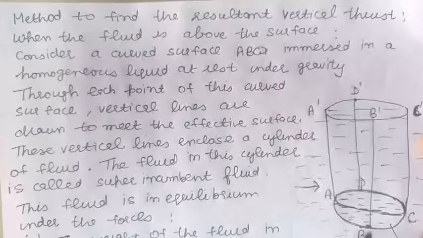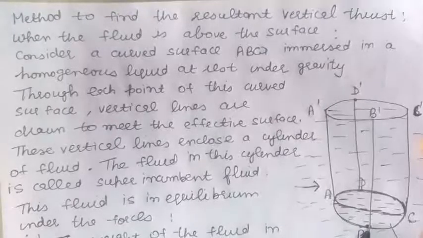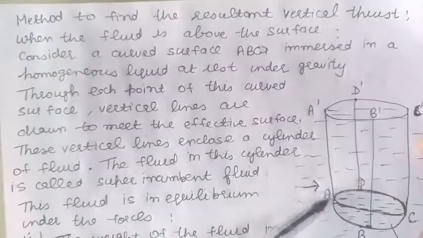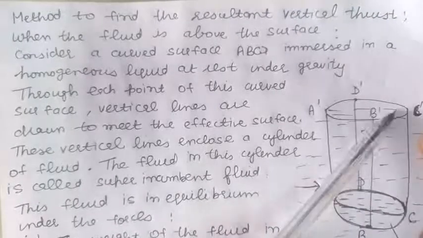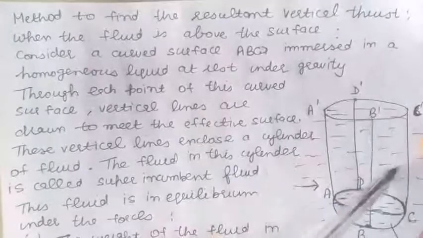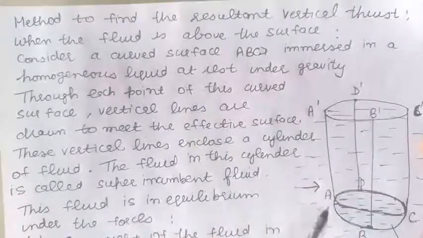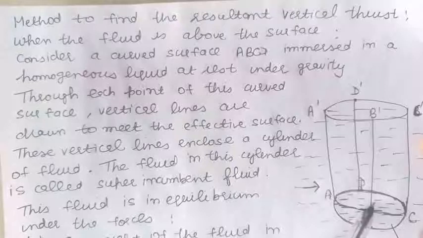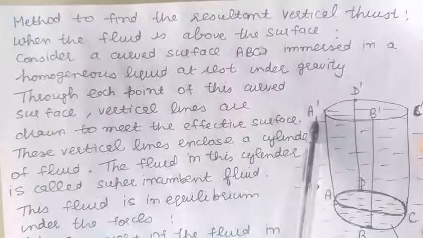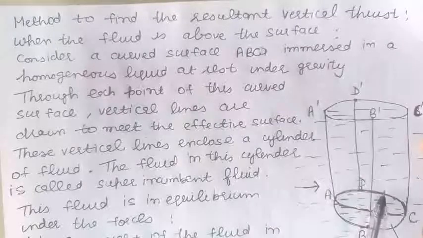Through every point on this surface, let us draw lines to meet the effective surface. So we have drawn the lines AA dash, BB dash, CC dash, DD dash. These are the vertical lines drawn from the points A, B, C, D. These vertical lines enclose a cylinder of fluid.